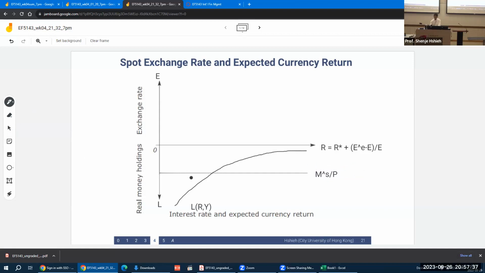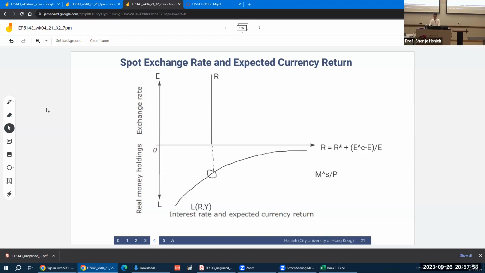And we have a market clearing point. This is our equilibrium interest rate that we're starting with. So far so good.